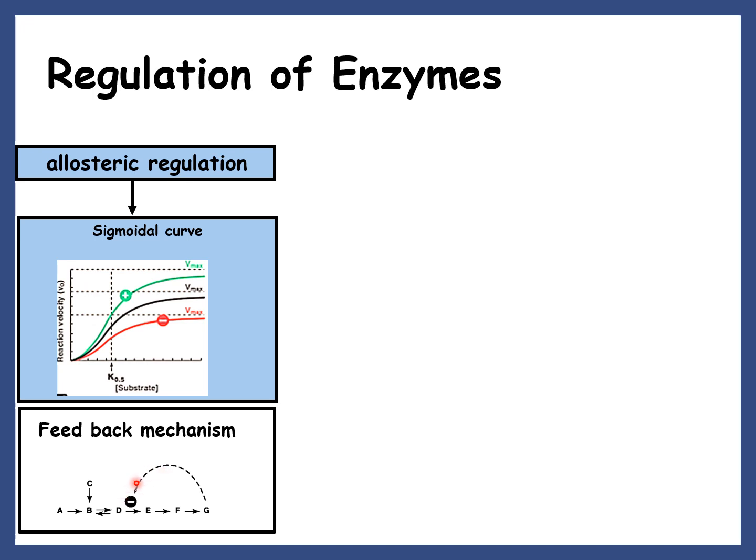This mechanism is used in many metabolic pathways in our body to tell when the product is available in enough quantity and we need to inhibit a reaction. And sometimes if a product is not in enough quantity, the reaction would accelerate or go further.